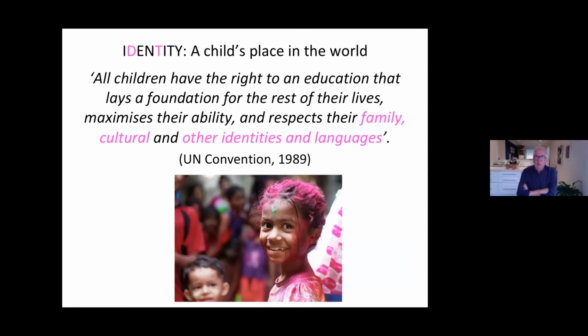They have the right to respect from their family, and they have cultural and other identities and languages that they need to develop. It's the role of the family to help them with their culture, to help them build their identity, and to help them develop their language.